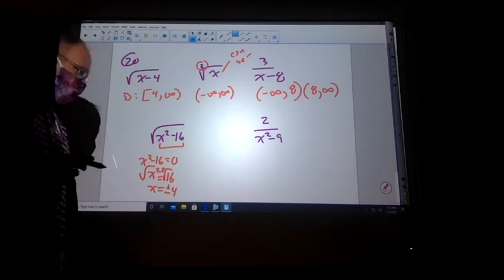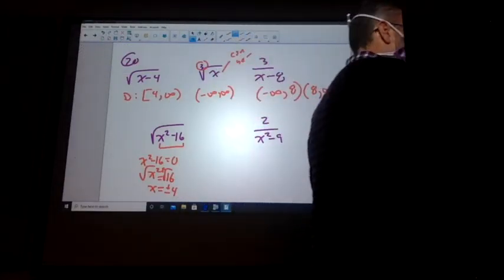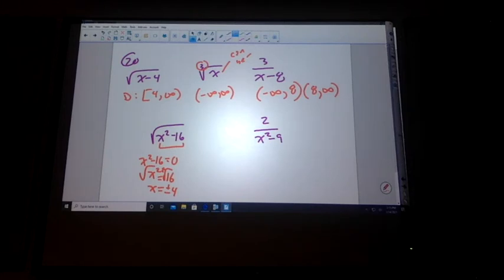If I plug a value between negative 4 and positive 4 in, it's not going to work. An easy one would be 0. 0 minus 16 is root negative 16, which is an imaginary number.